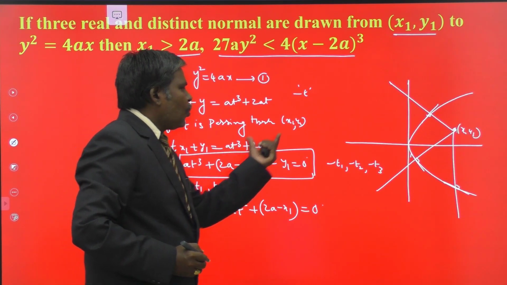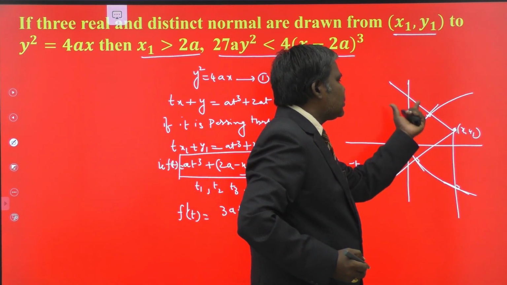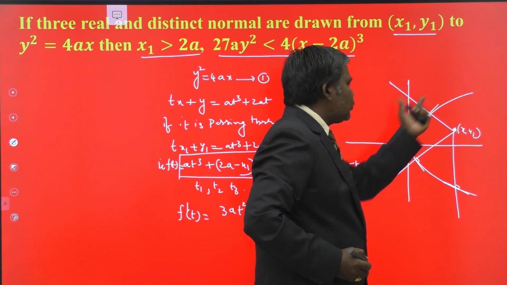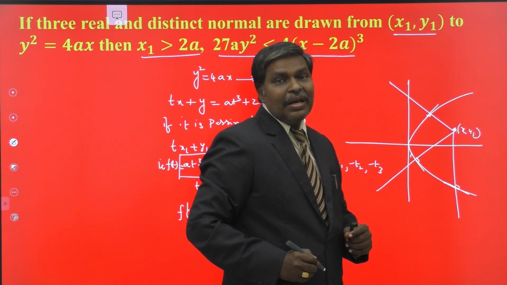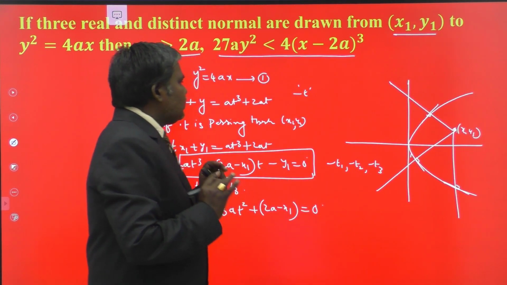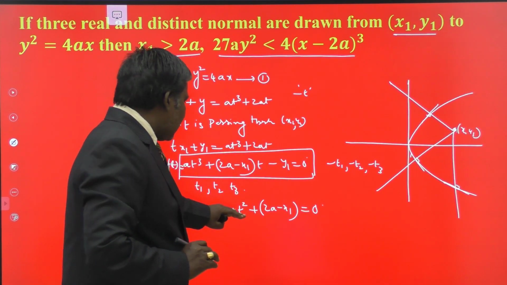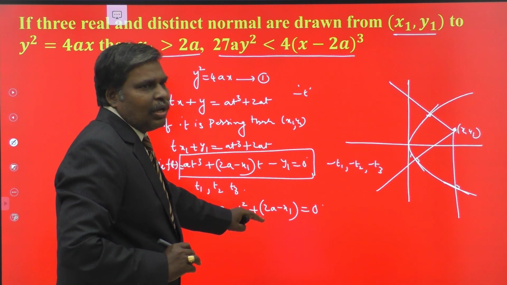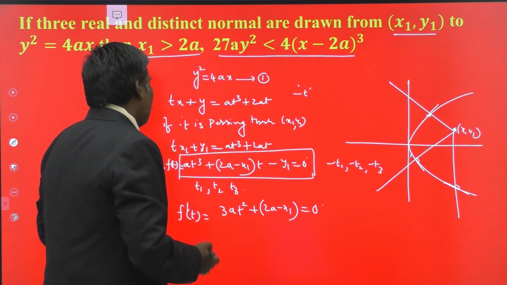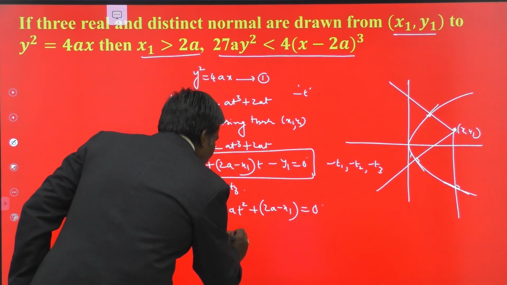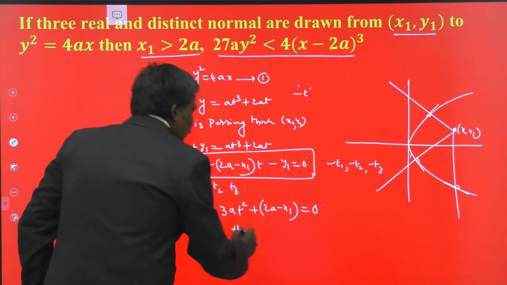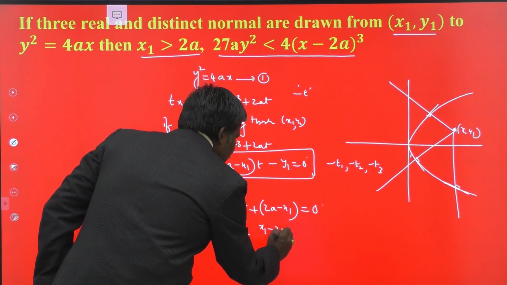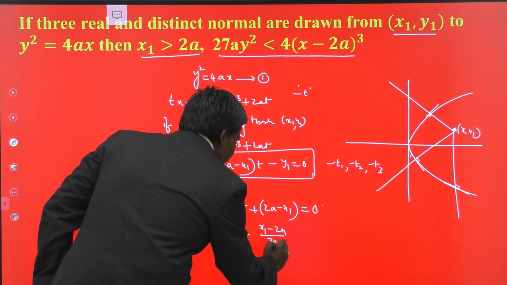At that time, we can produce three real and distinct normals from that point to your parabola. That is the concept behind this theorem. This is the one and only major trick to solve this theorem or problem. So what about your t², my dears? t² is nothing but (x1 − 2a)/(3a).